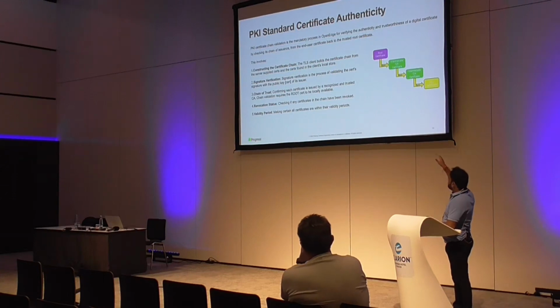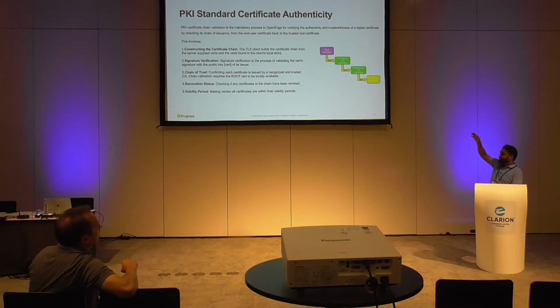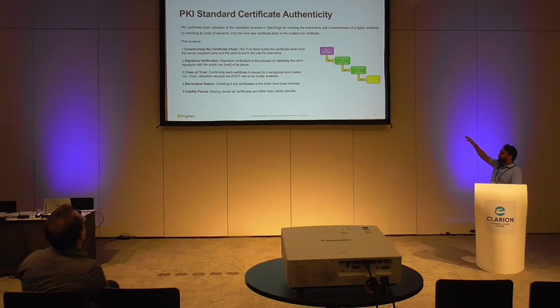So first it constructs the certificate chain, then it verifies the signature using those public keys, and then it checks the chain of trust. It will check the chain from the start to the last certificate and make sure that everything is good.